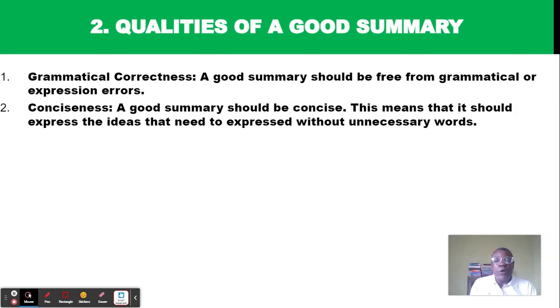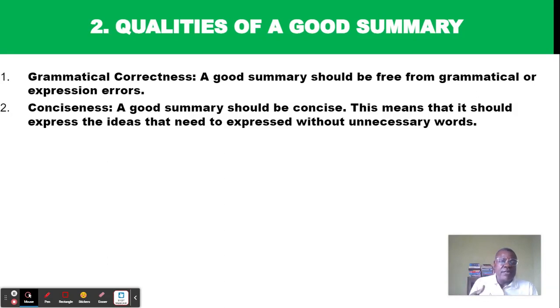The second quality of a good summary is conciseness. A good summary should be concise. This means that it should express the ideas that need to be expressed without unnecessary words. So one of the major errors anyone can commit while summarizing a passage is the inclusion of unnecessary material or unnecessary words.